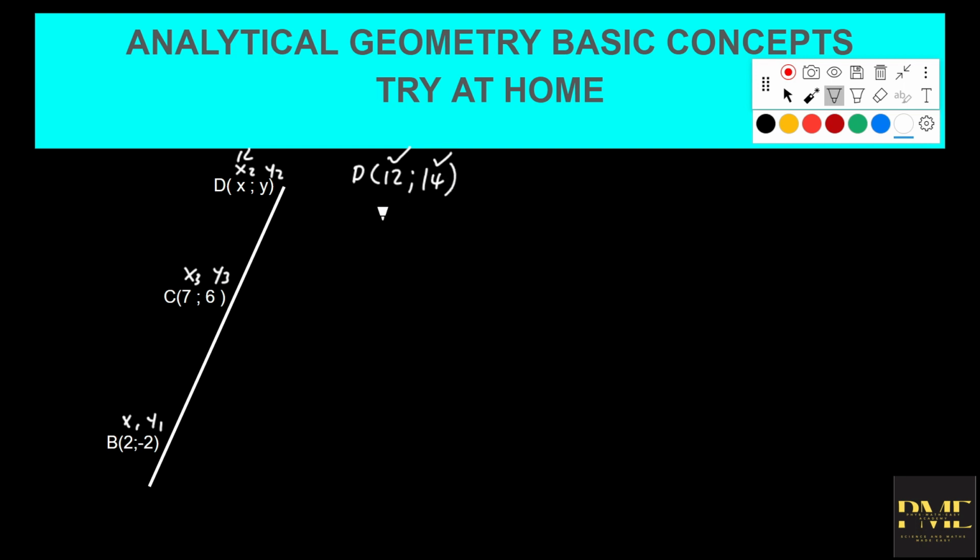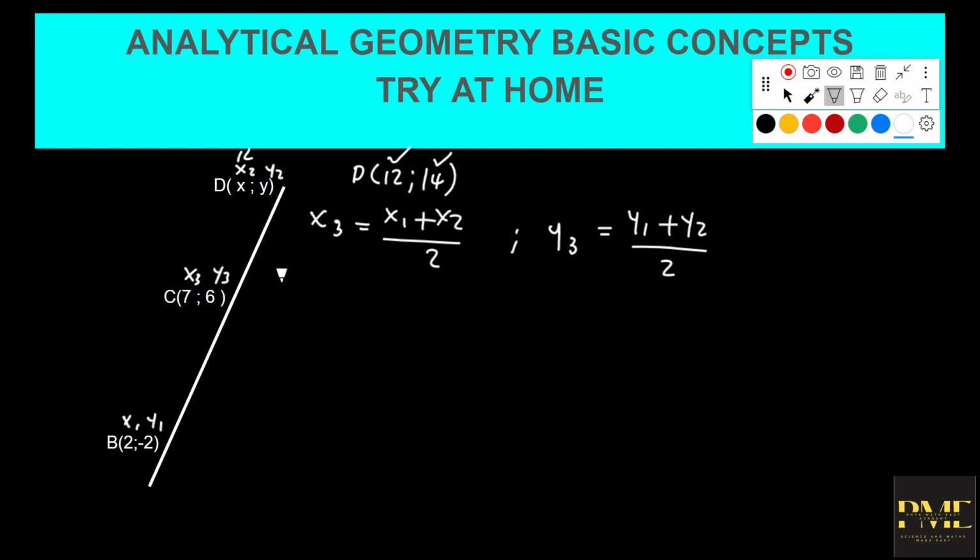Okay. And then the second method is where you make use of the midpoint formula. So x3 equals x1 plus x2 all over 2, and y3 equals y1 plus y2 all over 2.